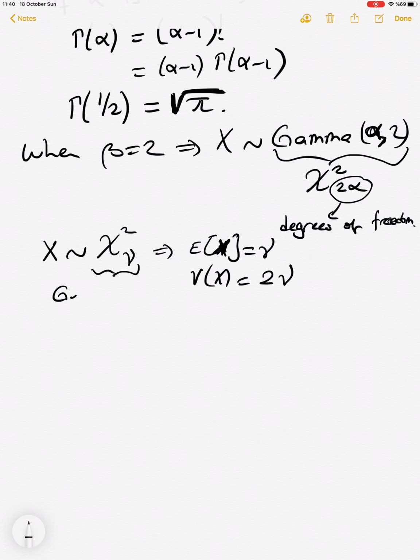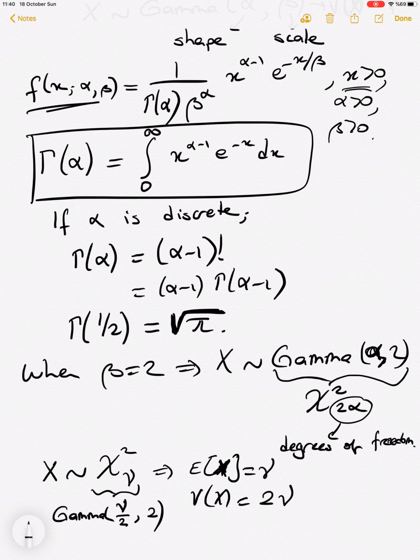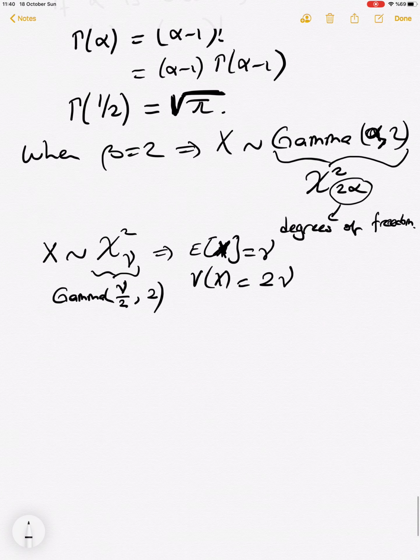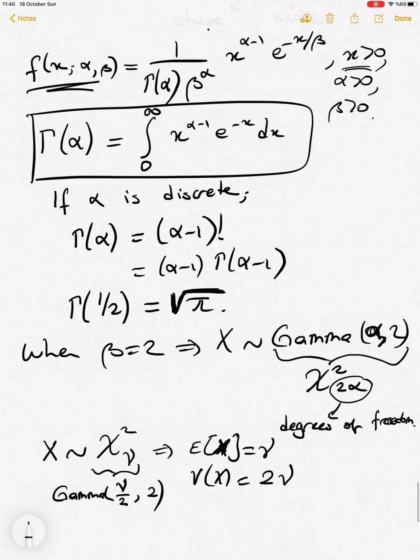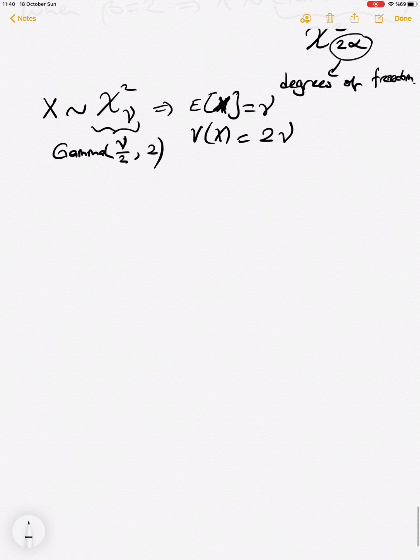So in terms of gamma, the second parameter should always be 2, the scale parameter. Then if the expectation is nu, this should be nu over 2. So you can define your chi-square in terms of gamma like that, and then easily use this PDF for chi-square. You don't have to memorize a PDF separately for chi-square distribution. Just remembering the gamma and the special case form will be enough to get the PDF of chi-square distribution.